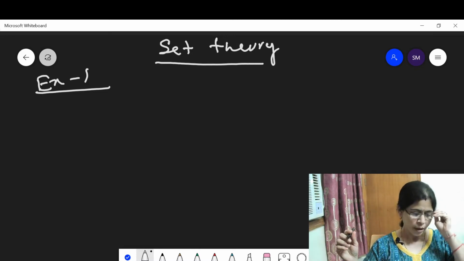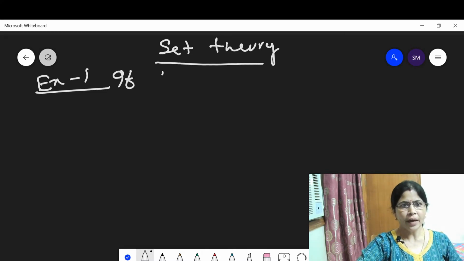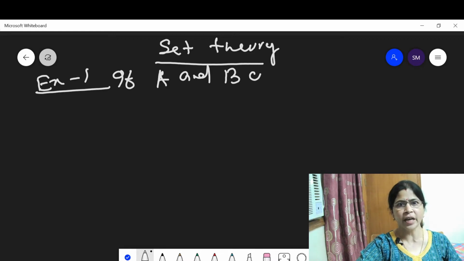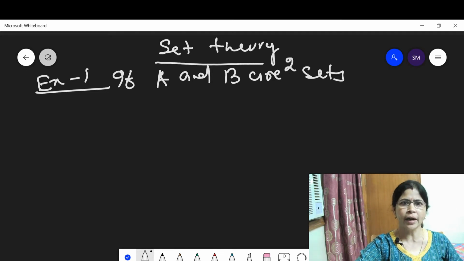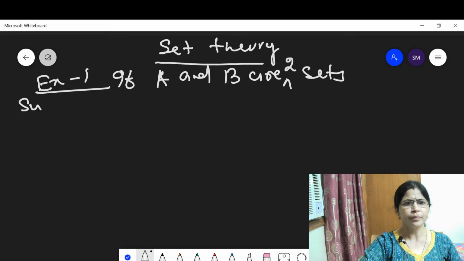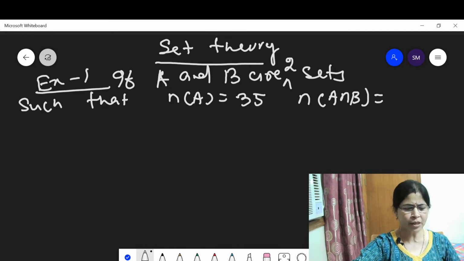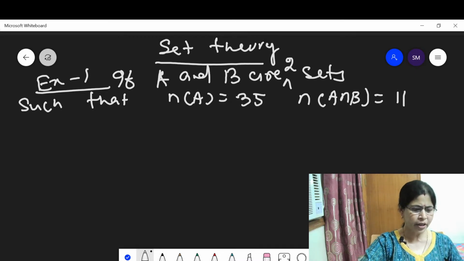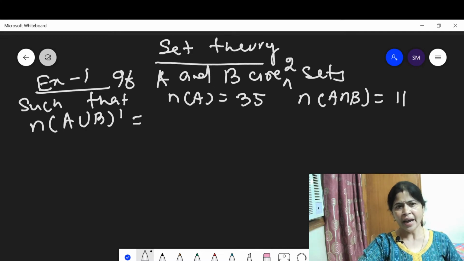Okay. The first question says that A and B are two sets such that n of A, the number of elements present in A, is equal to 35, n of A intersection B, the number of elements present in A intersection B, is 11, and another data is given, n of (A union B) dash, the number of elements present in (A union B) dash.